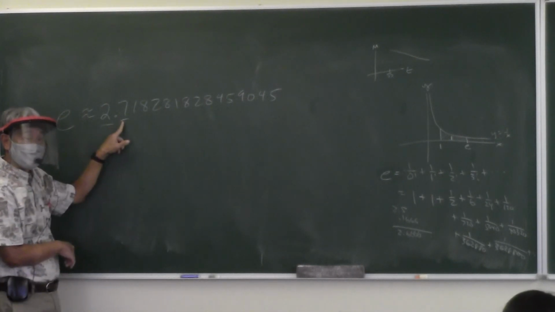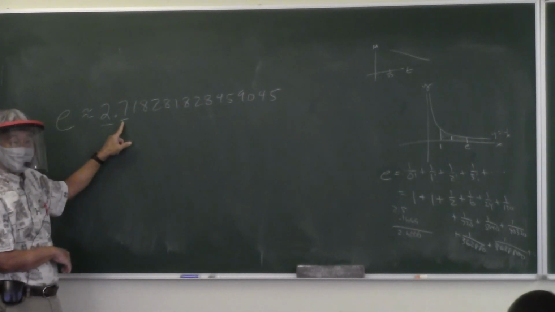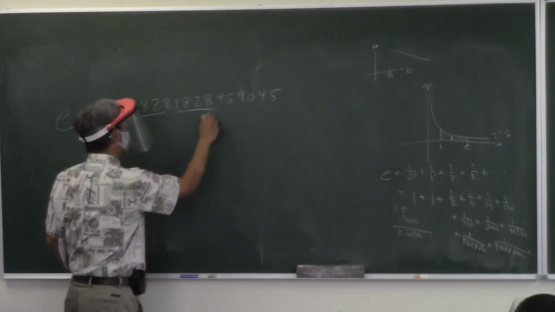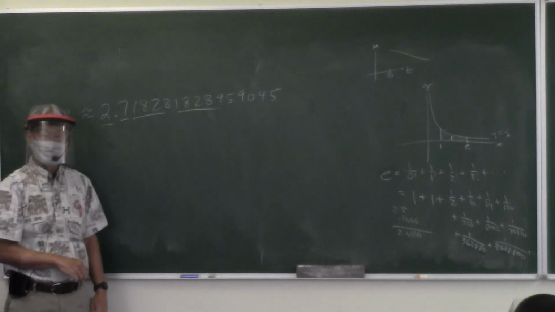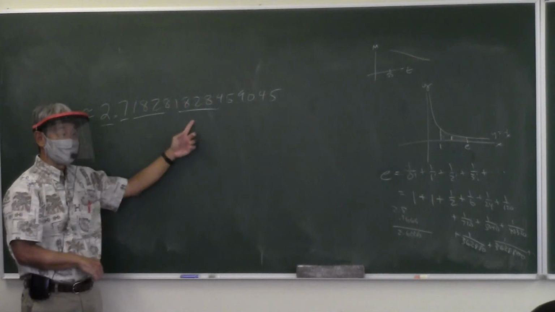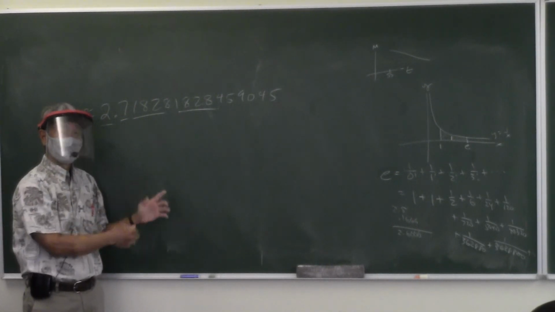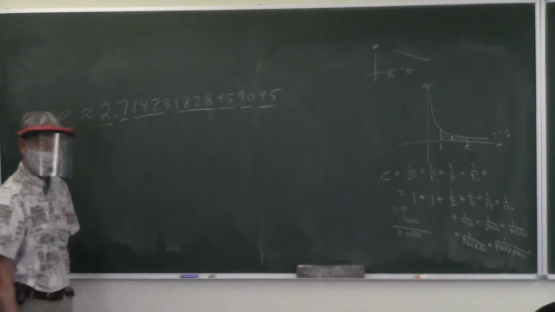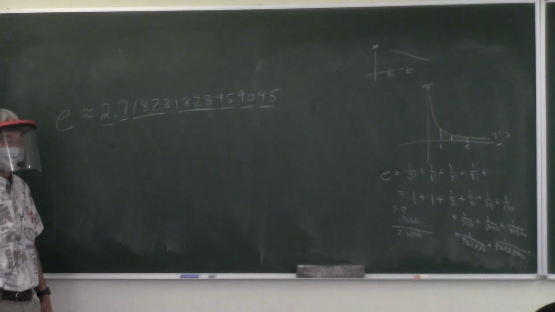Andrew Jackson is the 7th president of the United States. He served 2 consecutive terms beginning 1828. See, 1828, 2 consecutive terms. His favorite triangle, the 45, 90, 45 triangle, boom, that's how you memorize 15 decimal places of e.